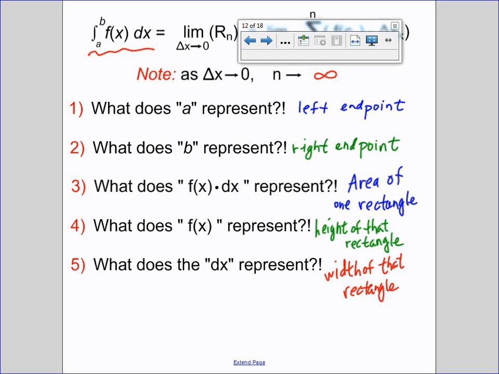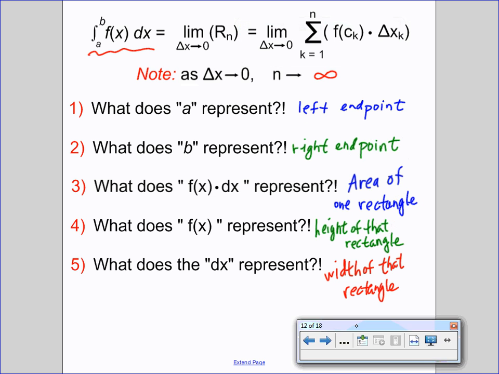Now our delta x width has shrunk to 0. So now we're summing up an infinite number of function values times widths with respect to x in order to get the exact area underneath the curve. And this will handle any irregular shaped region, and that's the definition of a definite integral.